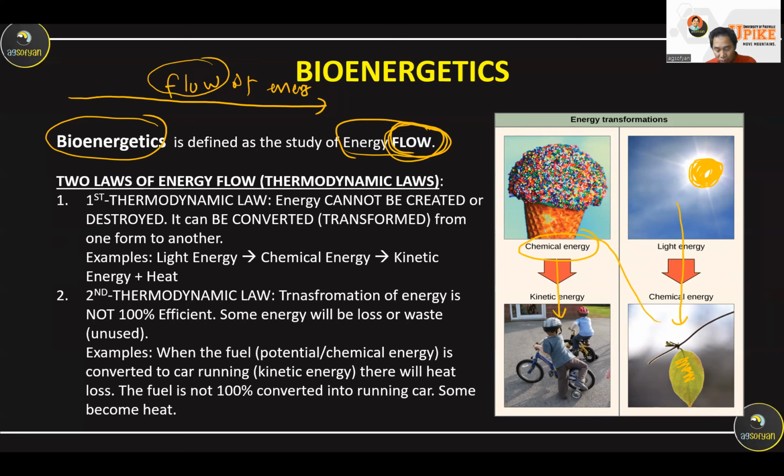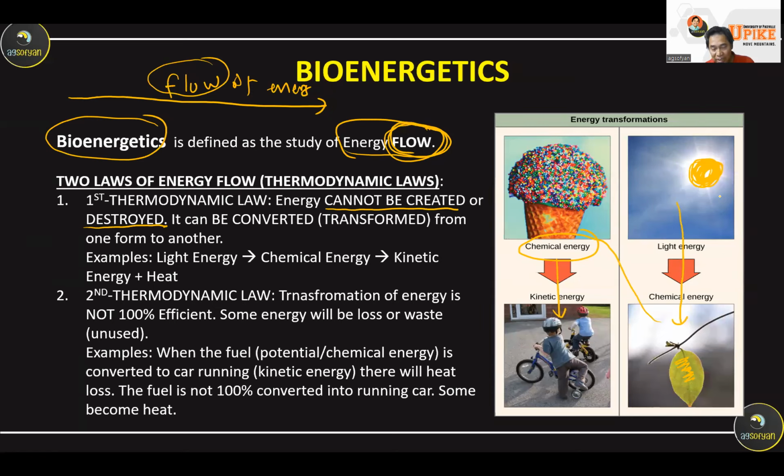There are two laws of energy flow, called the thermodynamic laws. The first one, we can call the first thermodynamic law, says that energy cannot be created or destroyed. So energy is actually already provided on Earth, especially coming from the sunlight.